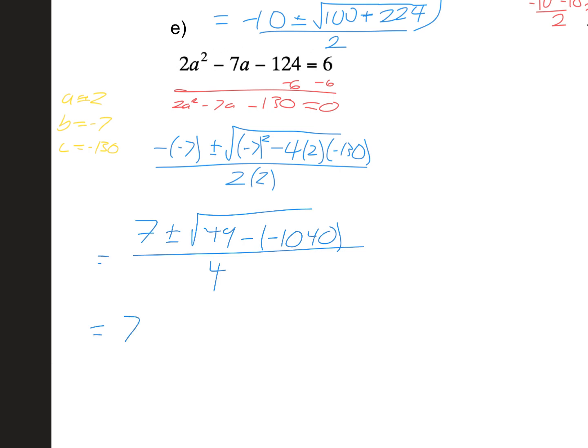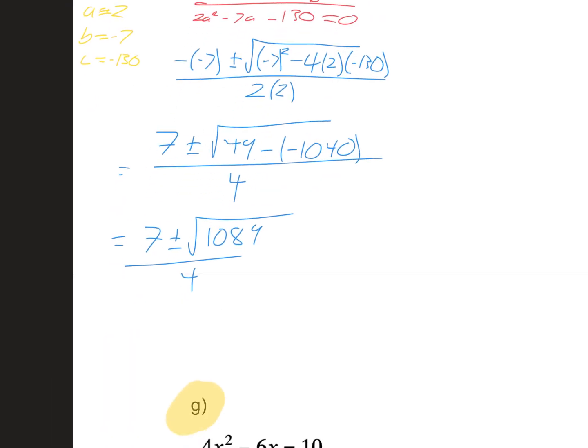Simplifying more, underneath the square root, 49 minus negative 1040 is like adding a positive, so this will actually simplify to 1089 divided by 4. And if you plug that into your calculator, you should get 33 divided by 4. So now at this point we can split into two different equations.